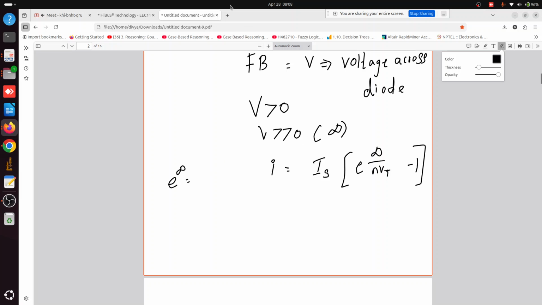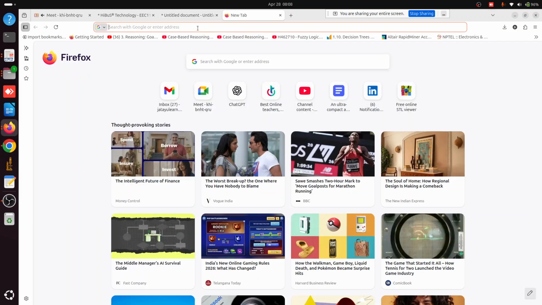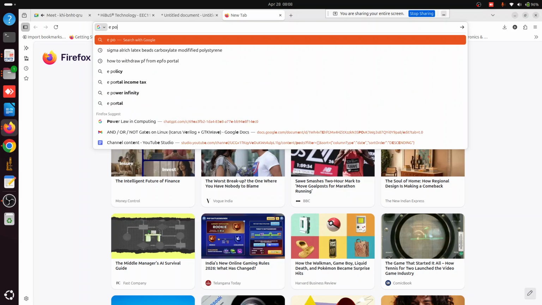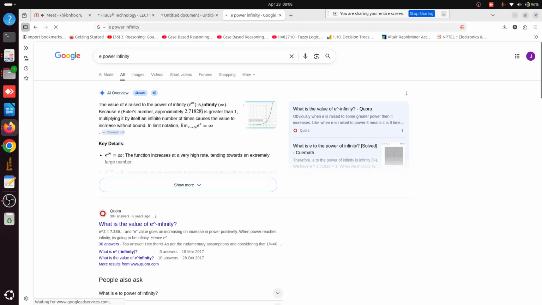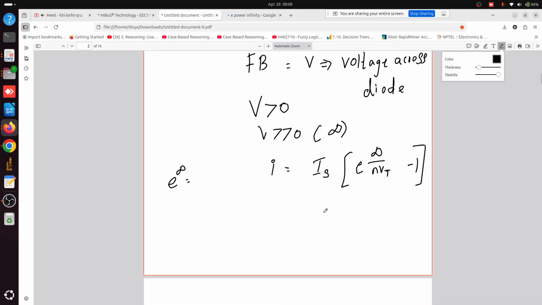So I'll show you here. e power infinity is actually infinity. So that means in this term you have infinity minus 1.